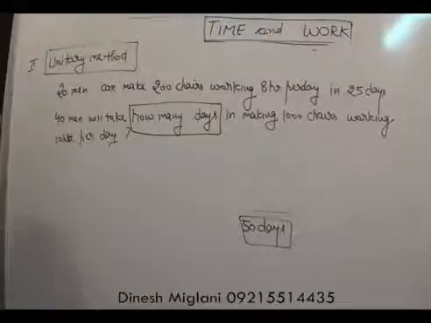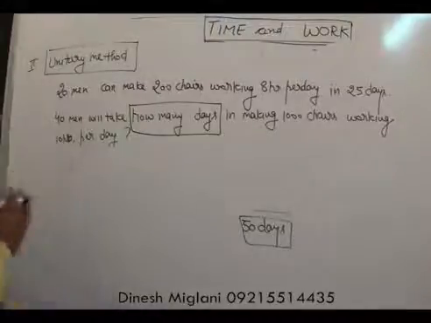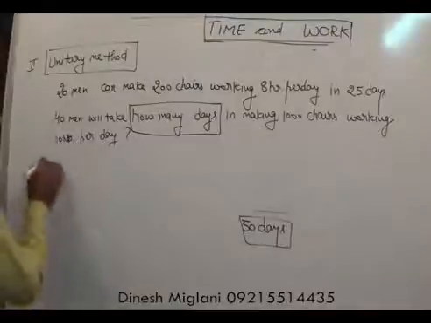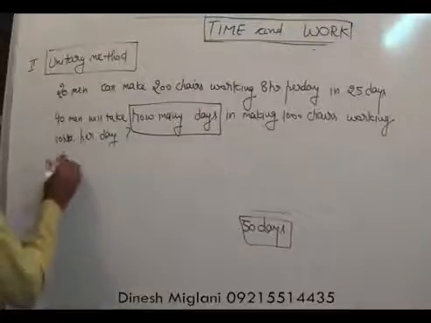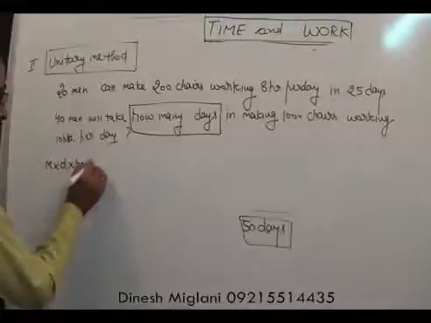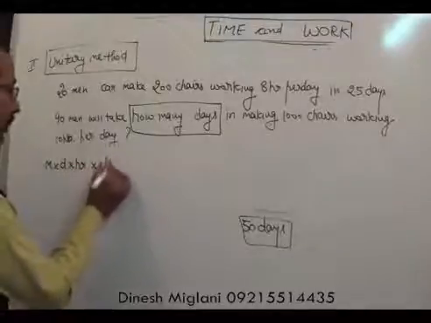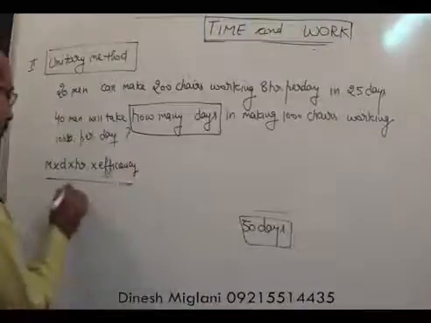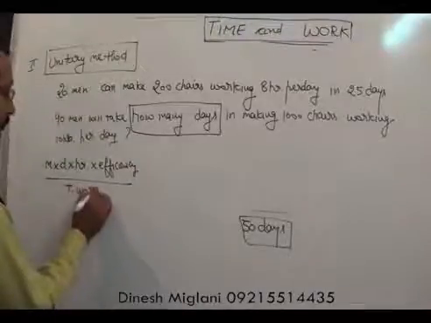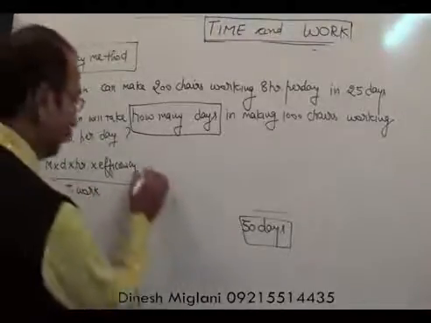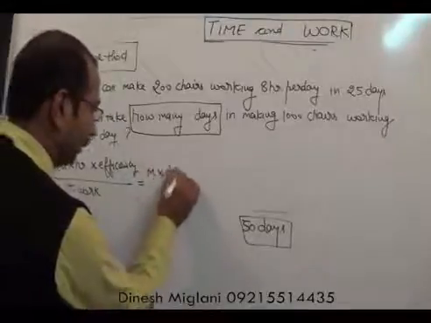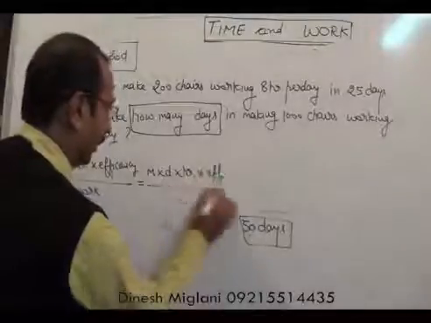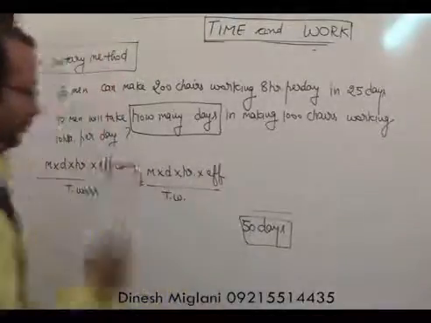That's very simple. What we have to understand, whenever you have any question based on this type, you just take men into days, into hours, into efficiency, whatever parameters are there, just put here, divided by total work. It's same as men into days, into hours, into efficiency, divided by total work.